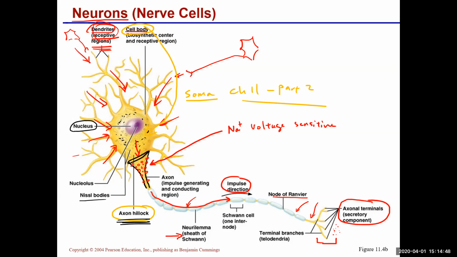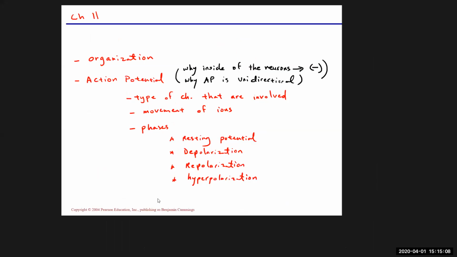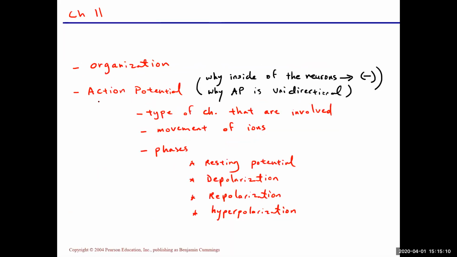What we would like to do now is take a look at the types of channels in different areas. I think that might be important to know. So in other words, if we go ahead and take a look at our organization, we're pretty much done.